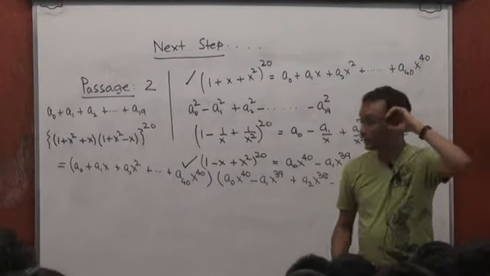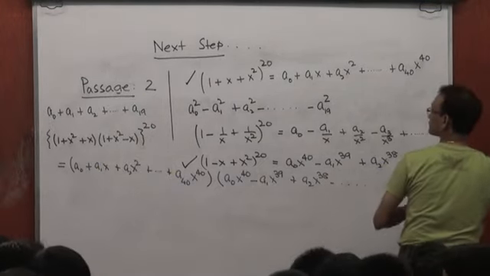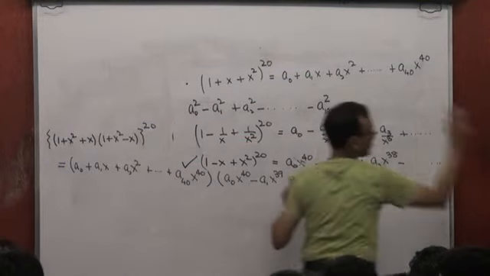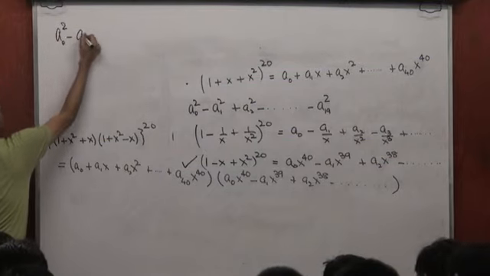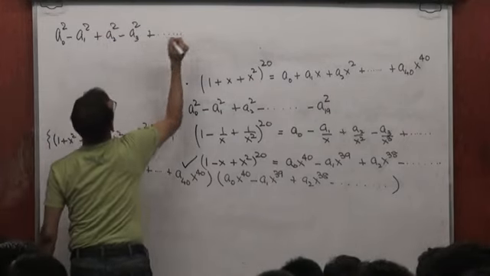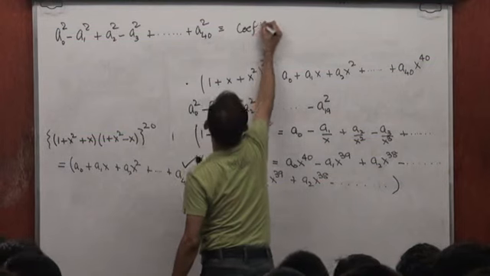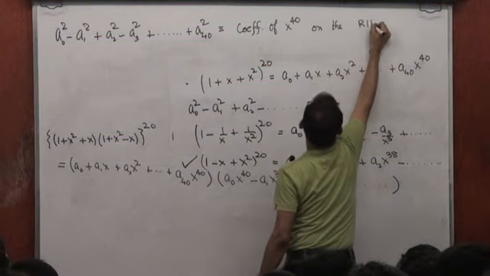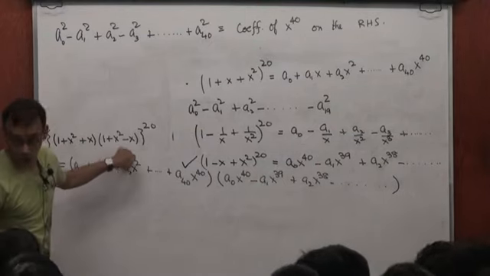So that means on the right hand side, a naught squared minus a1 squared plus a2 squared minus a3 squared up to a40 squared appears as coefficient of x power 40 on the right hand side, which in turn must be equal to the coefficient of x power 40 on the left hand side.